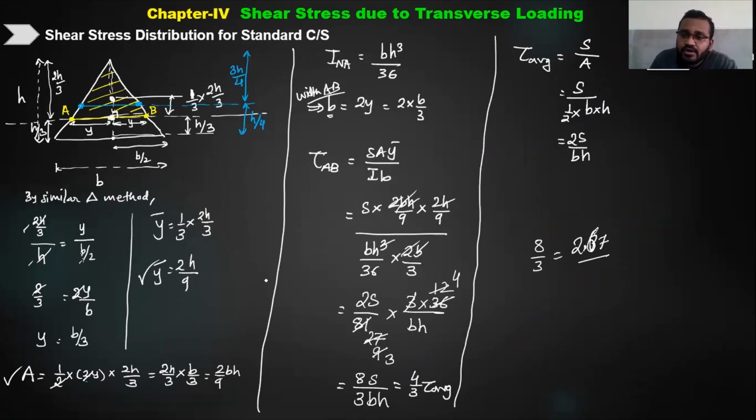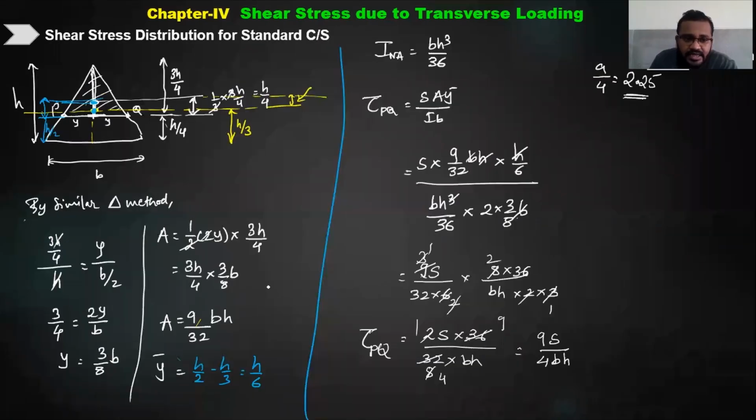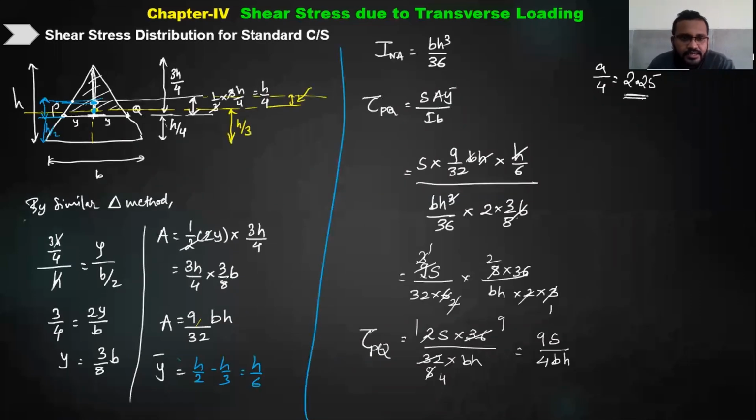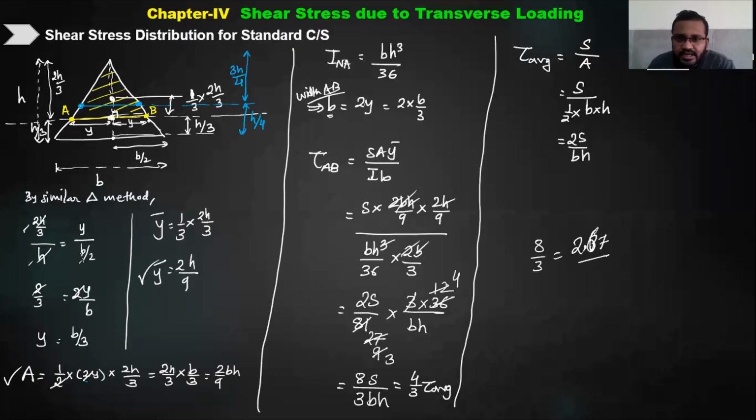For the triangular section we solved it for the neutral axis, and we solved it at a distance, you can see, h by 2 from the base. Now we will solve again for the triangular section today for the maximum. Here we understood that for the triangular section, the average value of the shear stress is this.